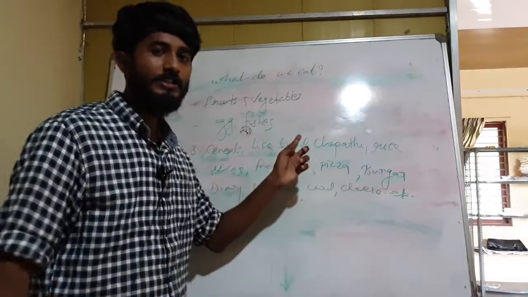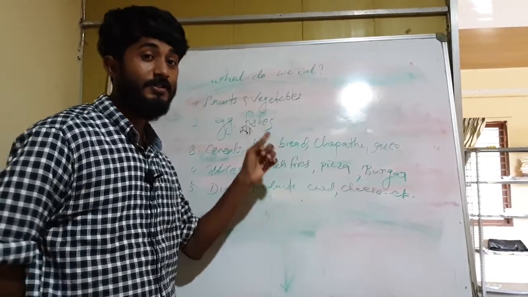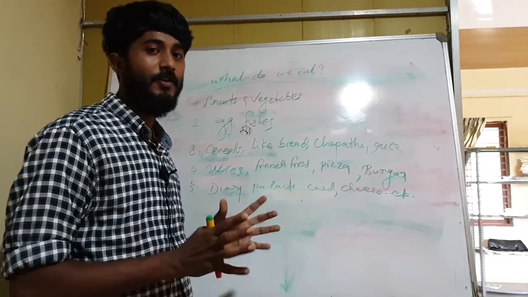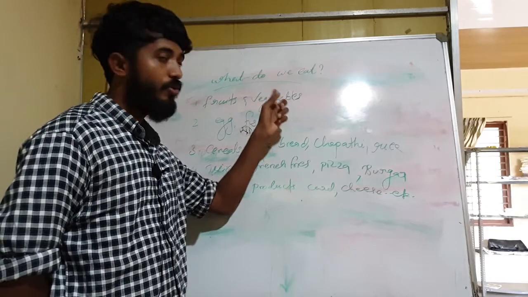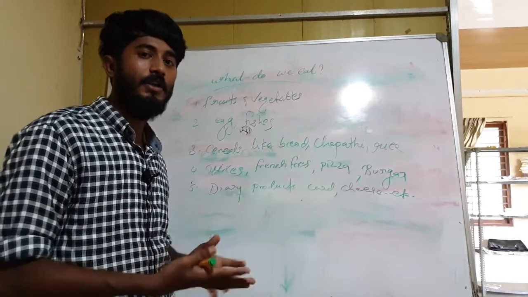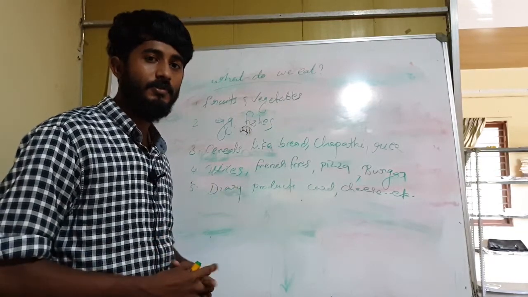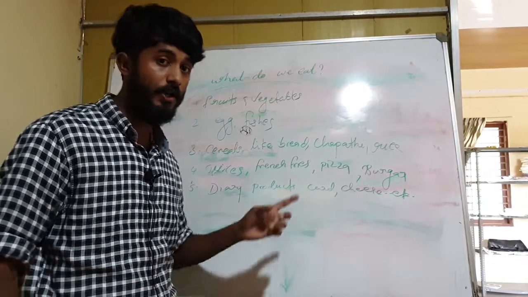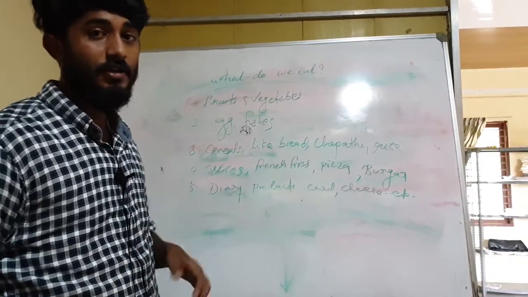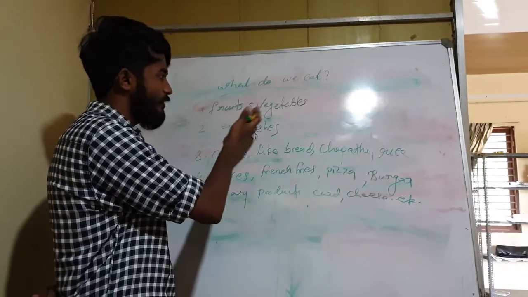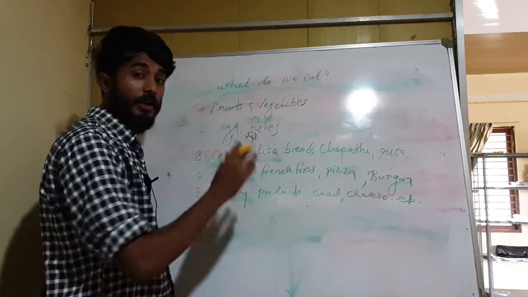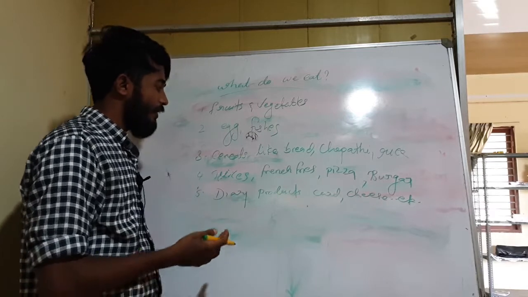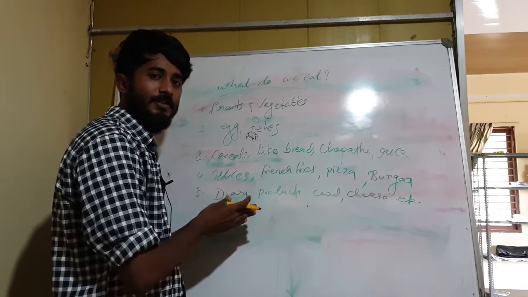Okay, so we discussed that food is essential for the survival of every living organism. So what do we eat? You think yourself, what are the different food items we would like to have in our day-to-day life? You would like fruits and vegetables, some of you may like egg and fishes, and some of you like cereals.